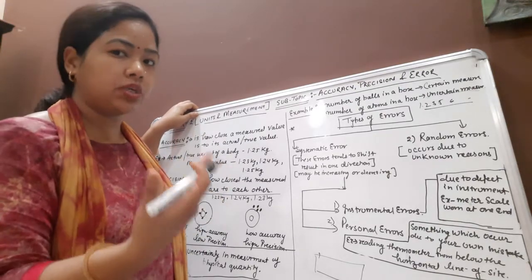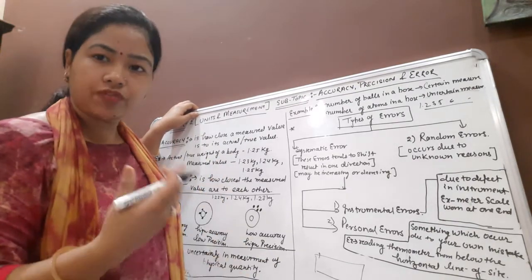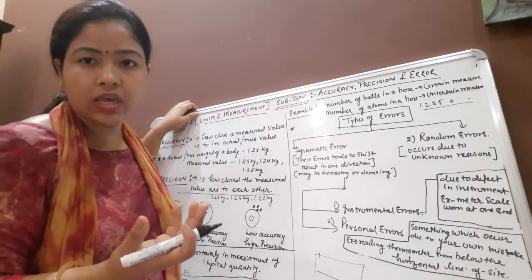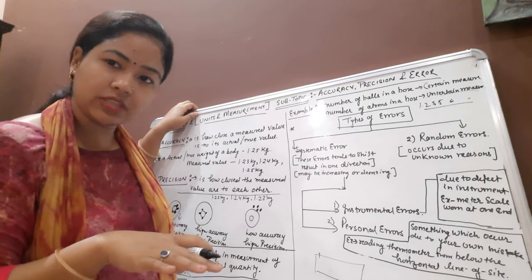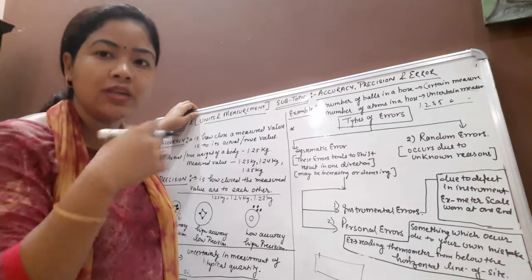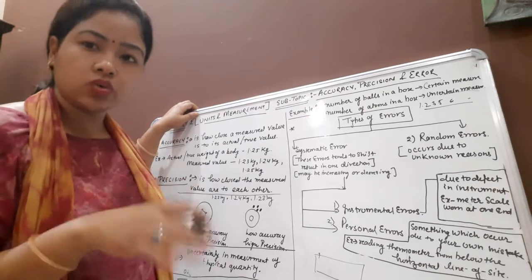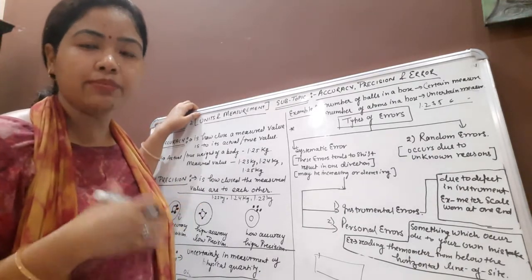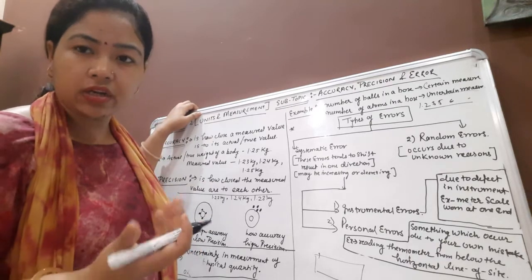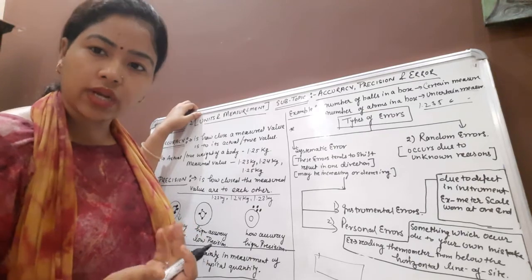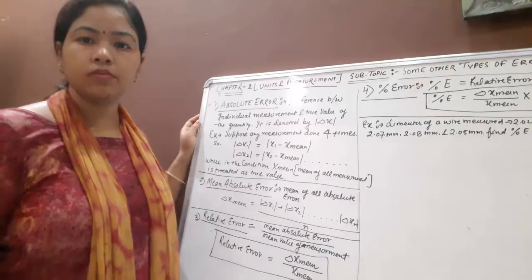So the minimum measurement done by the instrument is defined as the least count, and if you are not calculating the least count correctly, there may be some error, and that occurs in the category of least count error, right? Similarly, we have some more types of error: absolute error, relative error, percentage error.